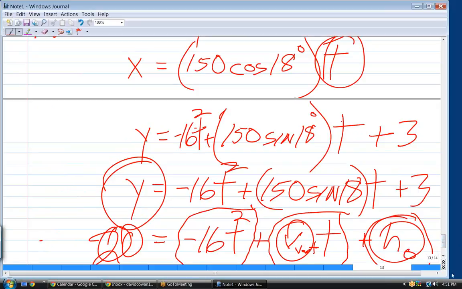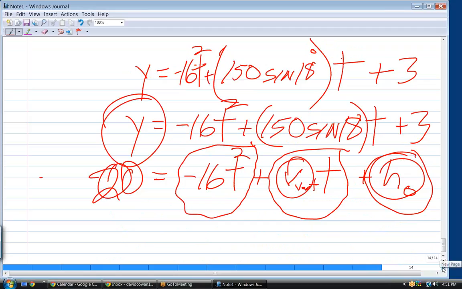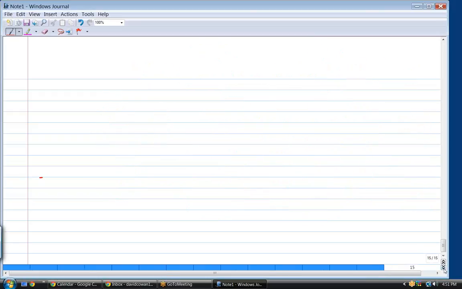All right, I think that's probably all of the parametric stuff that you're going to need to know. And they're most likely going to give you the parametric equations, so I'm not sure you have to memorize them. But if you do, x is going to be the horizontal speed times time.